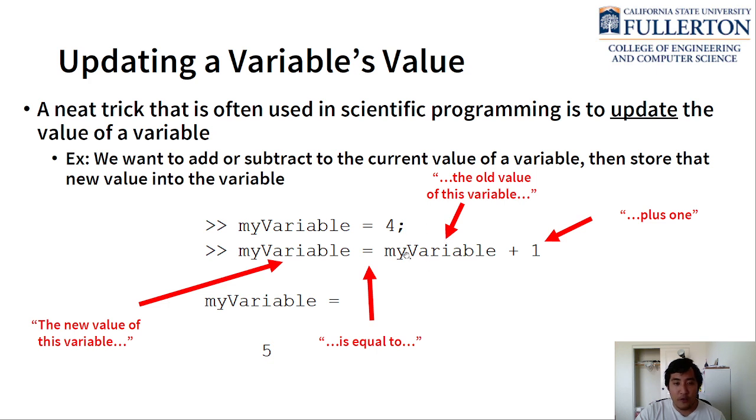Whenever you see the name of a variable on the right side of an equal sign, the value that it's taking is just its most recent assignment, not including this line, right? In this line, this name right here doesn't know that it's being updated, so it's going to take the most recent value, which is 4. So the new value of my variable is going to be 4 plus 1, which is 5. It's a neat little trick, but I think this syntax throws people off, and so I wanted to make sure I cover that in this video.